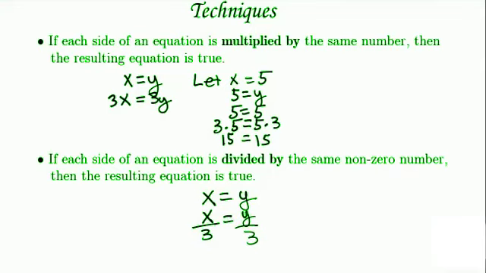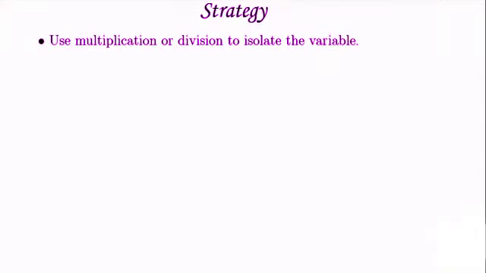The only caveat is that it has to be a non-zero number. As you know from earlier math, you're not allowed to divide by 0. Other than that, it's the same idea as the multiplication principle. The strategy we're going to use today is to use either multiplication or division in order to isolate a variable.